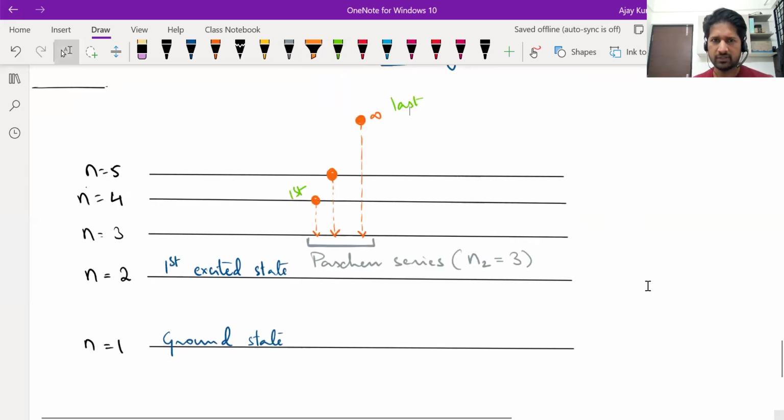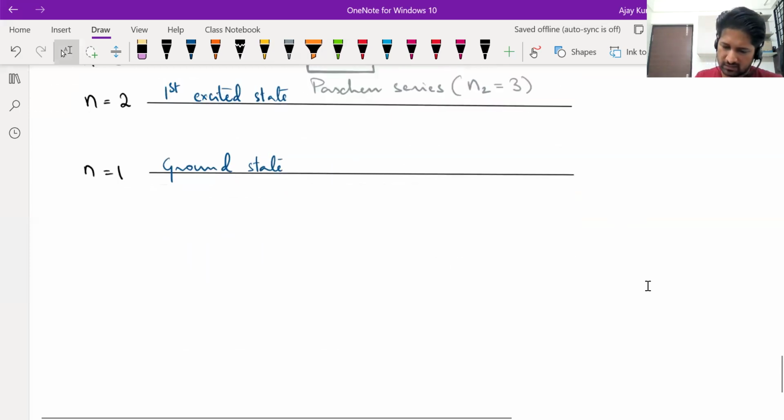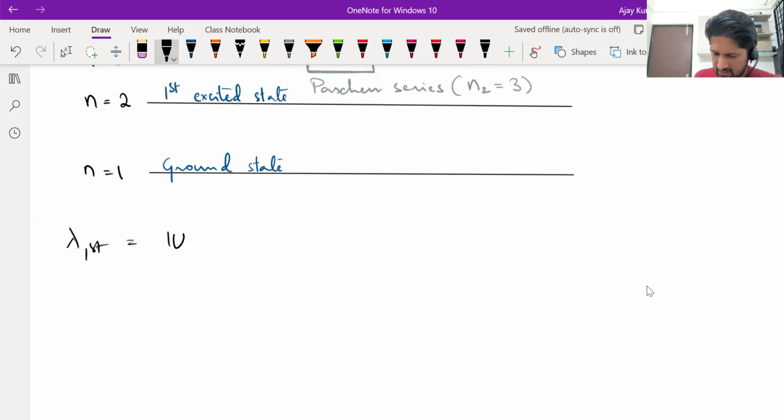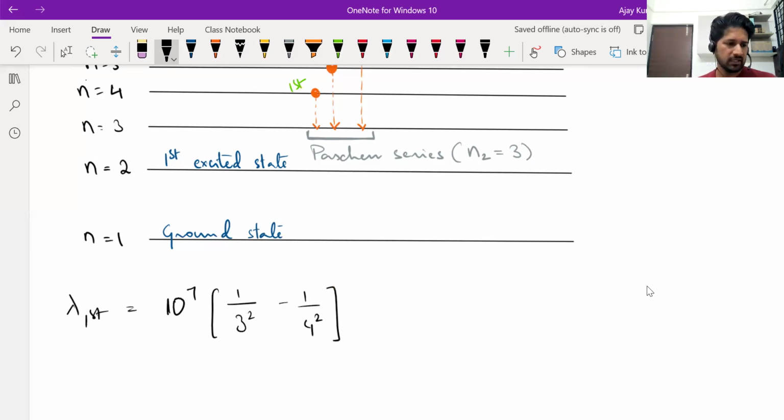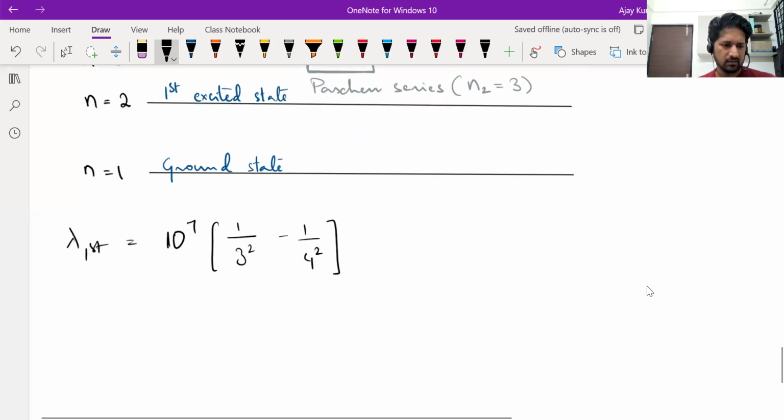Let's quickly find out the wavelengths of first line and last line of Paschen series. Wavelength of the first line, R, let's take it as 10 power 7 itself. Z square is 1 because we are dealing with hydrogen, divided into 1 by n2 square minus 1 by n1 square. 1 by 9 minus 1 by 16. 9 and 16, you can take it as 144. So 7 divided by 144.